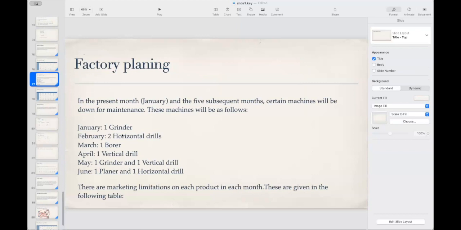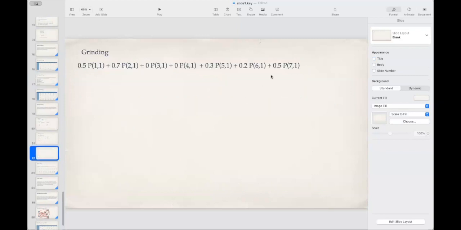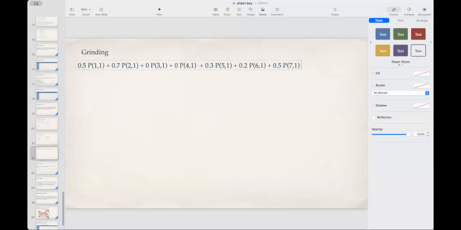Let's see the grinding. In the first month, the grinder will be down for 1. Totally we have 4, but 1 is down, so we have only 3. So this should be less than or equal to 3 grinders' time.